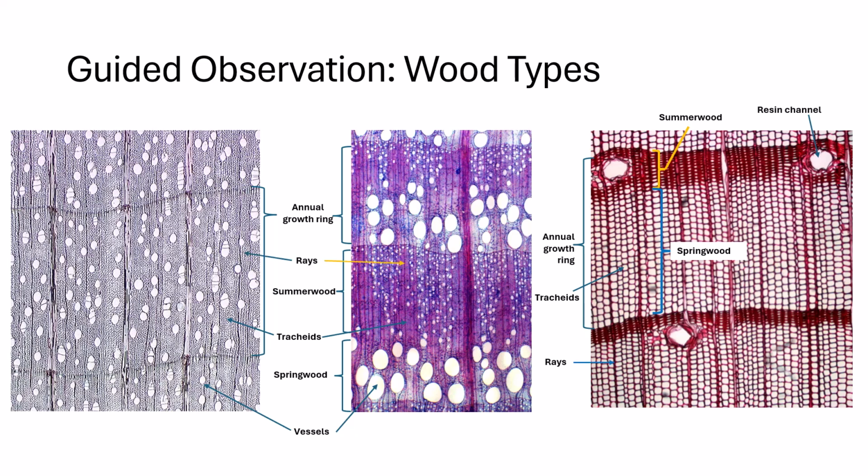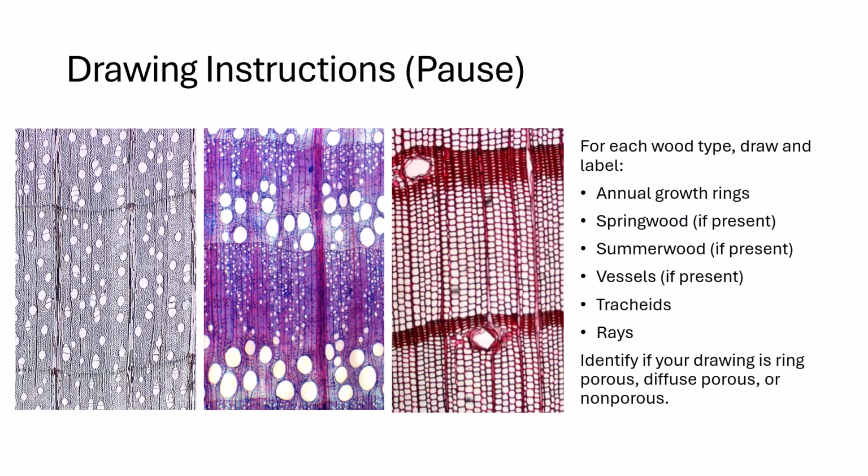Finally, look for rays. These appear as lines or bands running from the center of the stem outward toward the bark, crossing the growth rings. Rays are made of parenchyma cells and are involved in lateral transport and storage. If you train yourself to find these features first, identifying the wood type becomes much more logical and much less like guessing. As you look at the images, you'll make sketches in your lab notebook and label these structures.